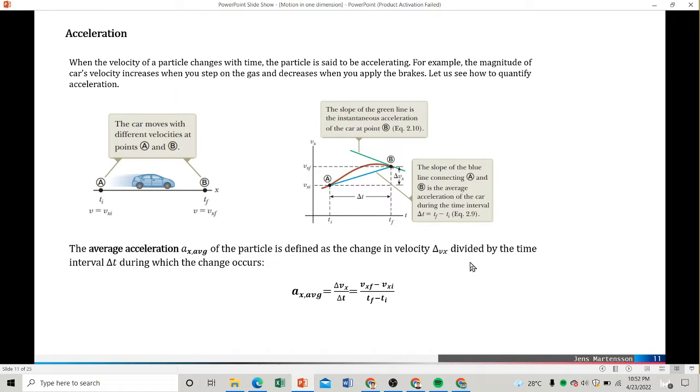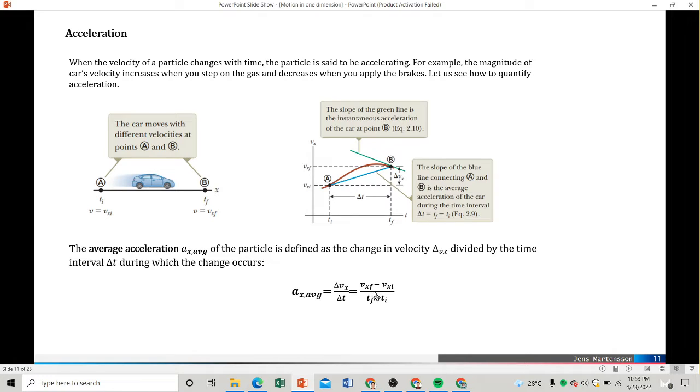It can be formulated as delta vx over delta t. This is the same process as getting the average velocity, where we used the change of position.